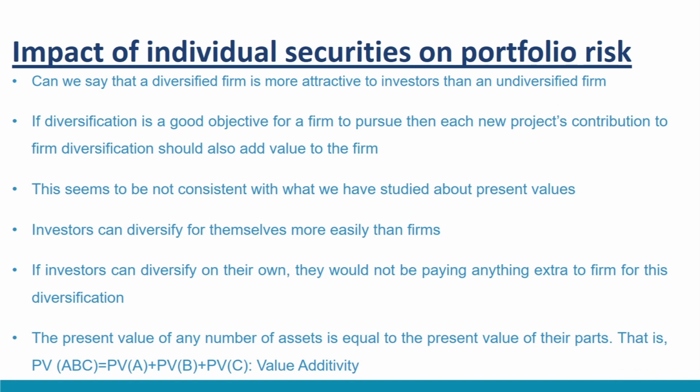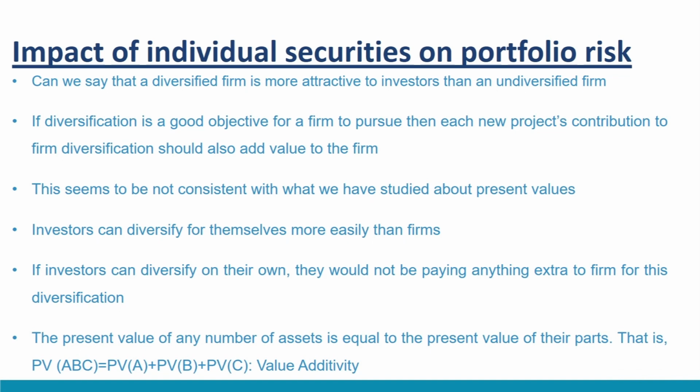For example, to diversify in the steel industry, the investor only needs to pay security transaction charges and brokerage fee. However, for a firm to enter into a new domain such as steel would require a huge amount of resources and time. This leads us to the following conclusion.